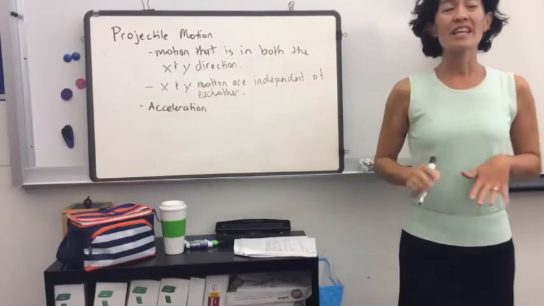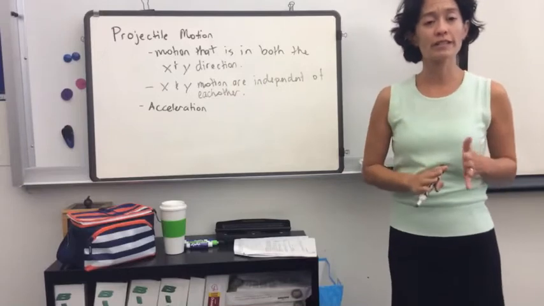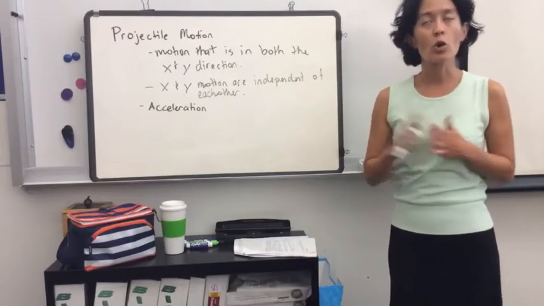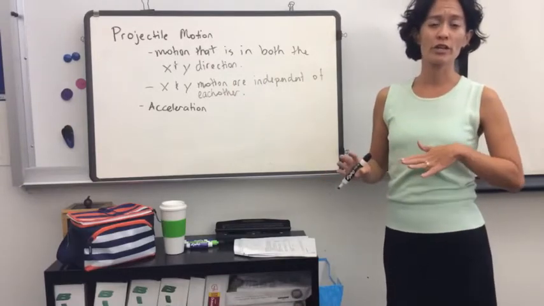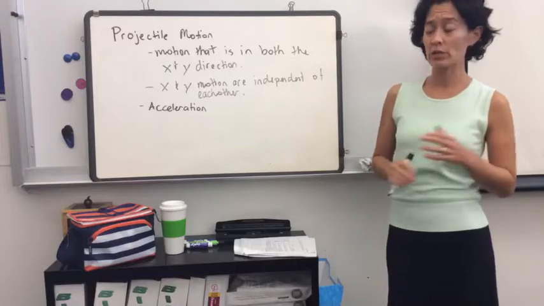Essentially, the accelerations are only affecting, like if you have a y acceleration, it's only affecting the y direction, and if you have an x acceleration, it's only affecting the x direction.